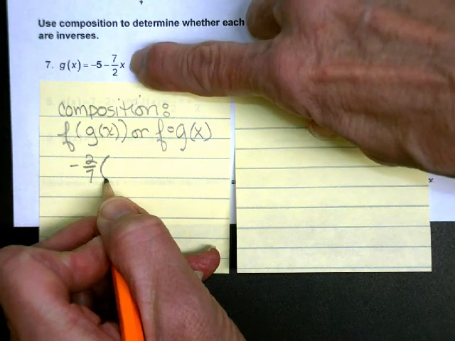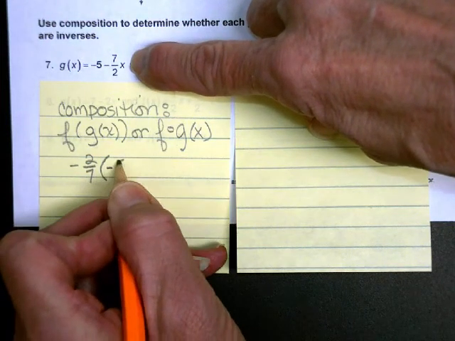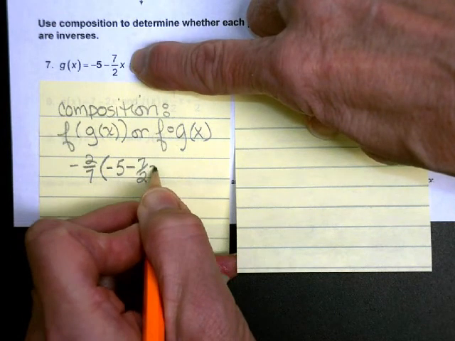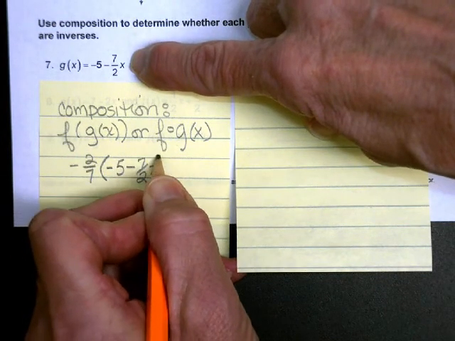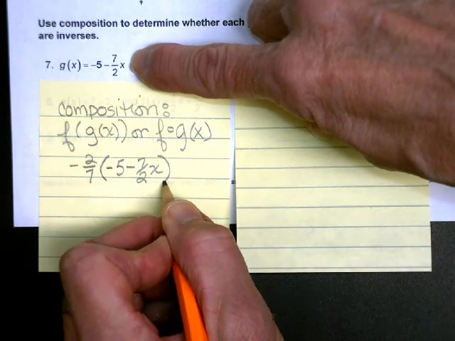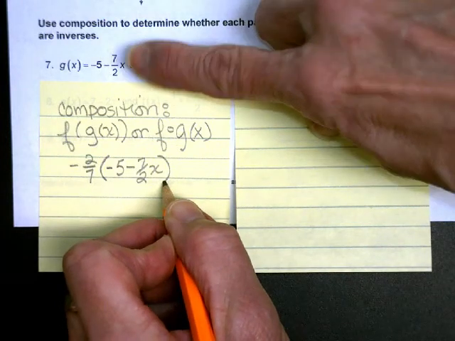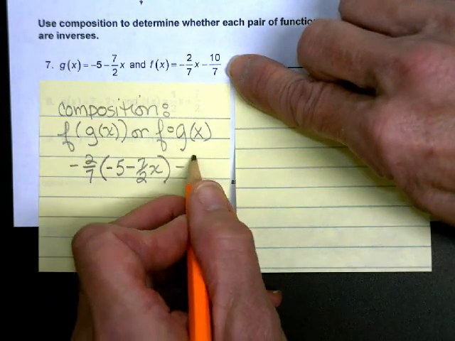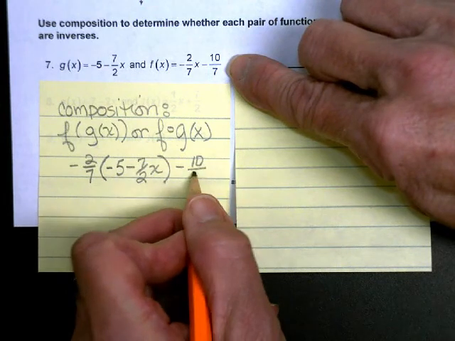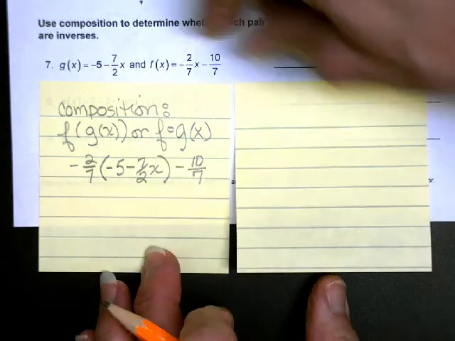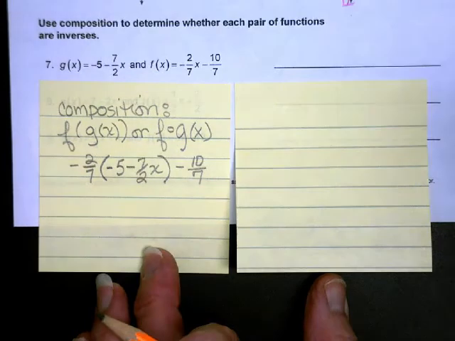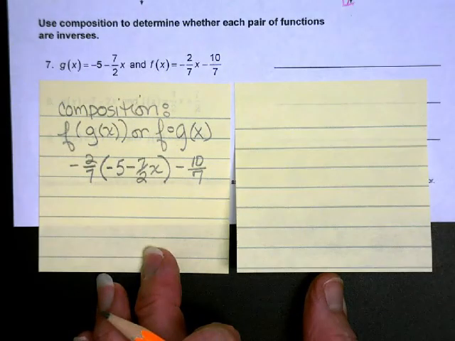And in that hug goes this expression: negative 5 minus 7 halves x. And then I close the hug because I'm done writing what g was. And then I go back to f again and finish its story: minus 10 over 7. So I just took this basketball and shot it in this hoop. Poof.